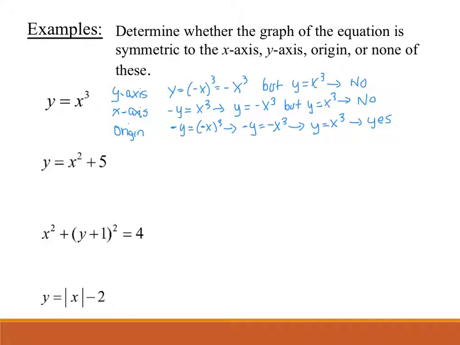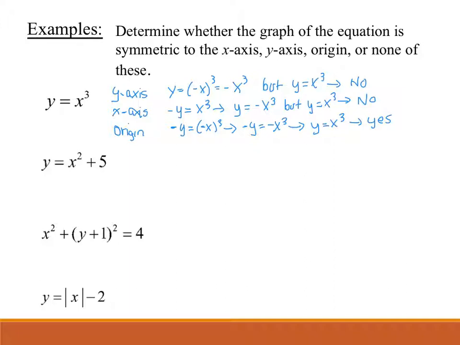Finally, we have the origin, where we have a negative y and a negative x in the function. This is equal to a negative y is equal to a negative x cubed, but now we can multiply through by a negative 1, and so y is equal to x cubed. And yes, that is what our original function is.